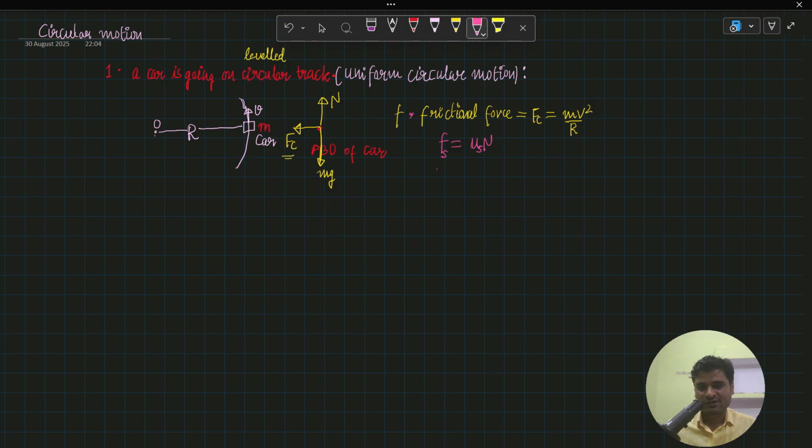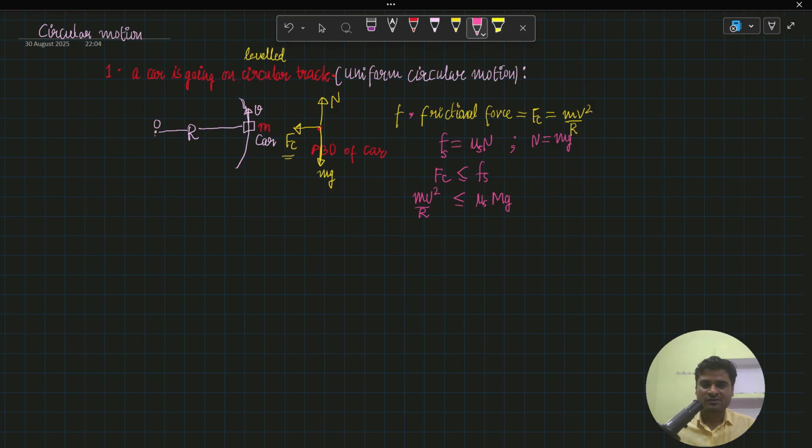So Fc, the centripetal force, must always be less than or equal to this maximum frictional force, and we can write it like mv square by r should be less than or equal to mu s into N. And N from this free body diagram we know that N is equal to the weight of the car or weight of the vehicle, mg.